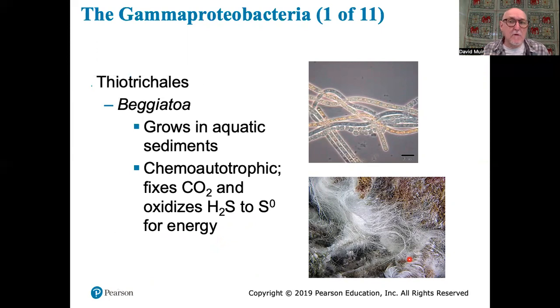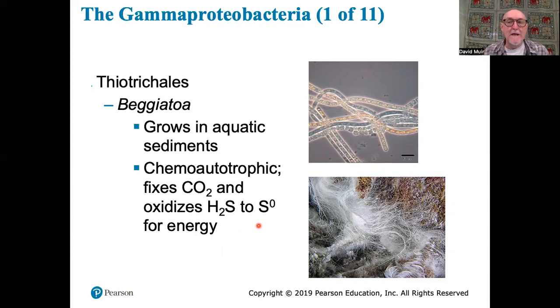You're going to hear many of the sorts of bacteria that you've encountered in lab lie in this group, the gamma proteobacteria. The first one that I'll mention is a group called the Thiotrichales, and this one I'm going to talk about again because it is representative of this really important group, the chemoautotrophs.